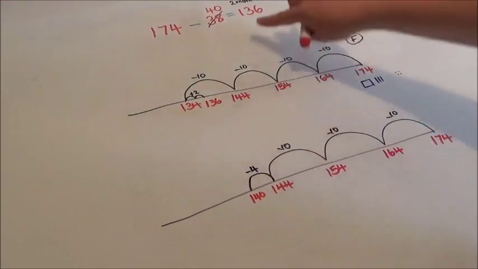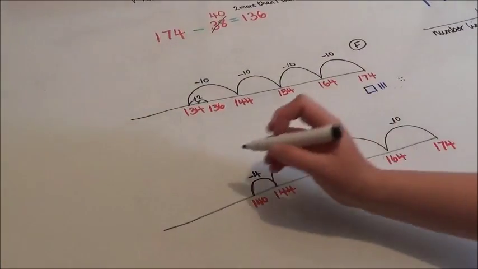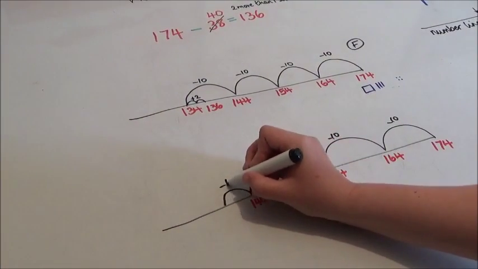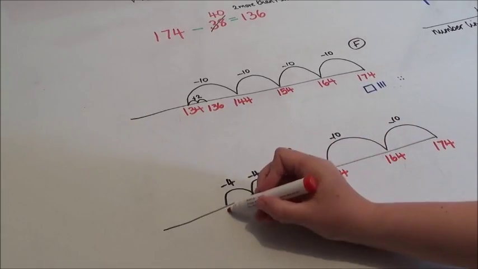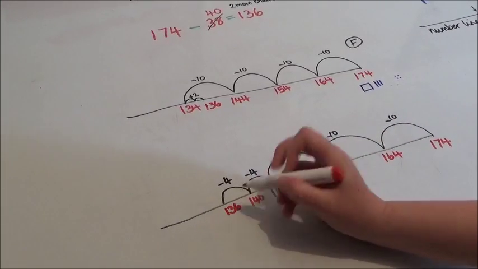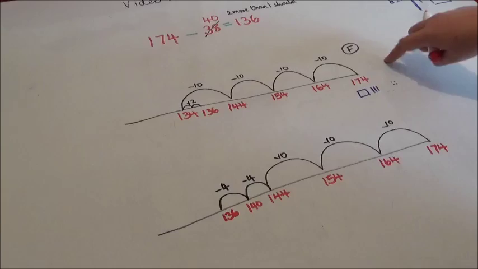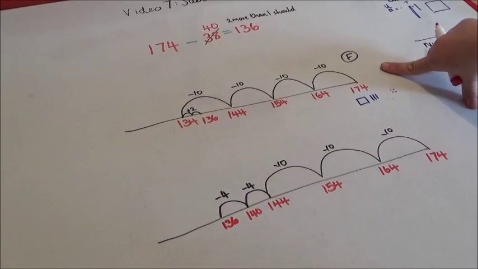And I know that 4 and 4 are 8, so I need to take off another 4 to get me to 136. Same answer. This one was just more fluent. I had less steps to do.